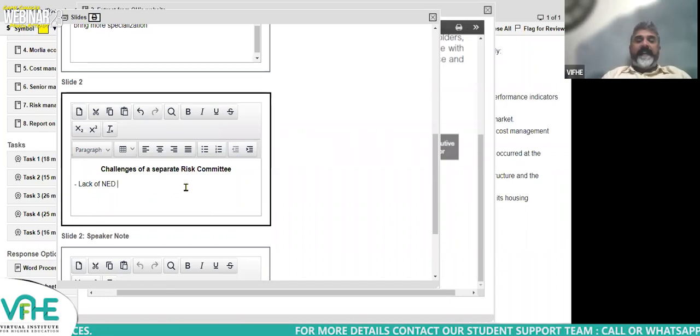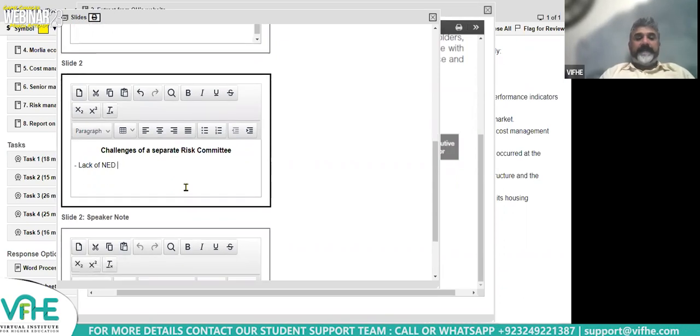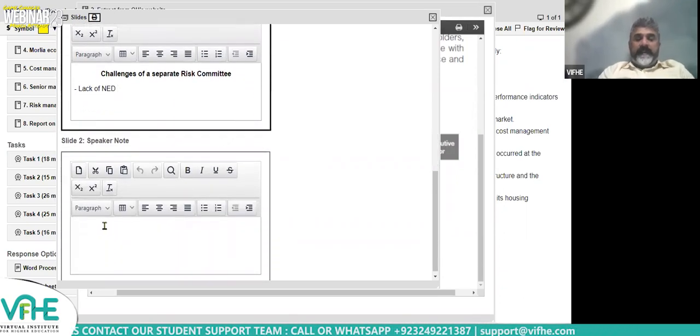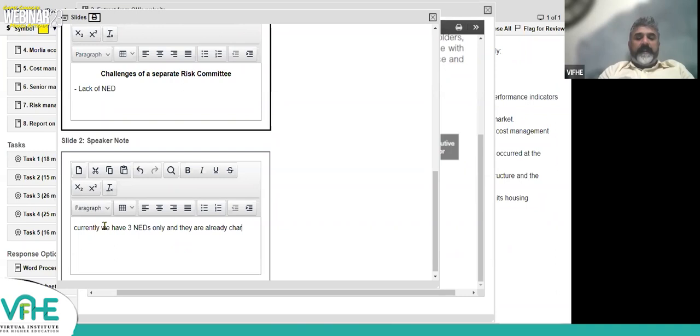We don't have NEDs. So the challenge is lack of NEDs. And then you can explain that currently we have 3 NEDs only, and they are already chairing 3 committees.